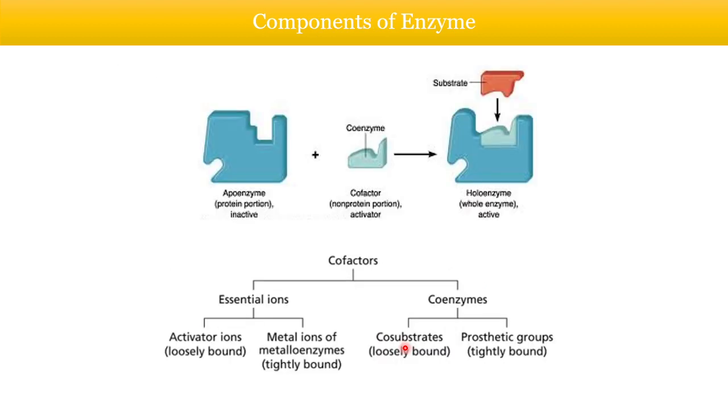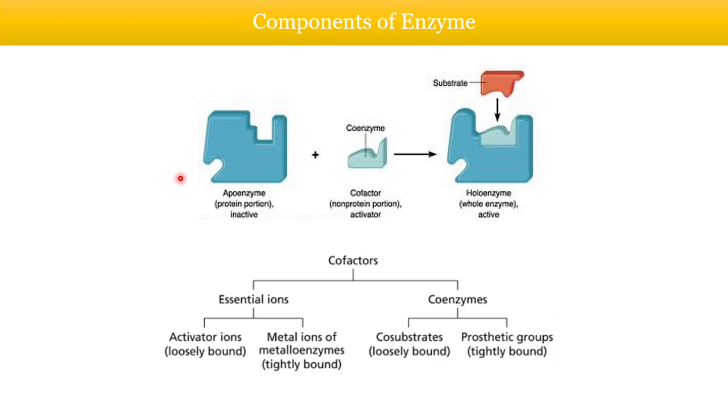Now, there are different components of an enzyme. Basically, we have the apoenzyme, which is mostly the protein portion, and is basically the inactive form of the protein. Now we need something to actually activate it. So the activator, or the non-protein portion, is called the cofactor or the coenzyme.